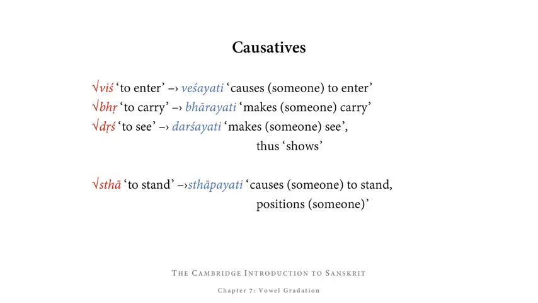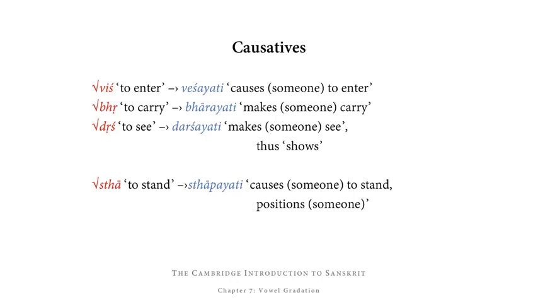Among causatives, we have one formal irregularity, and that is if you have a verbal root that ends in a long a, such as sthā, to stand, then a already is long, cannot be strengthened any further. And if I were to add aya to that, that would just give me sthaya or something like that.